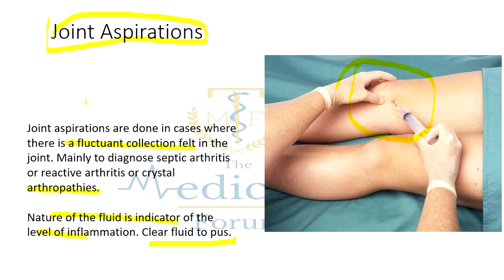That joint has to be drained, washed, and treated with IV antibiotics. Whereas in the case of reactive arthritis or crystal arthropathies, washout is not needed. So that's the main sense of having joint aspiration.